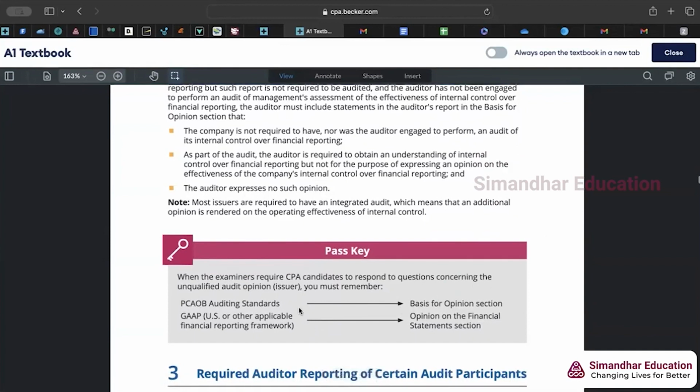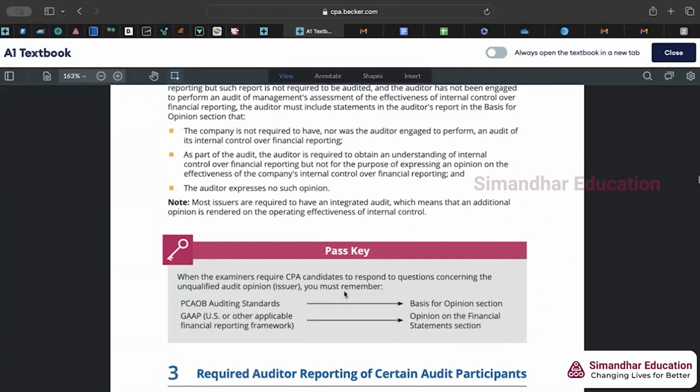Now, same way as in our non-issuers pass key, if there is a reference to auditing standards, then you go to the basis of opinion paragraph. If there is a GAAP reference, you go to the opinion paragraph, because here you do not have management and auditor's responsibility sections separately.